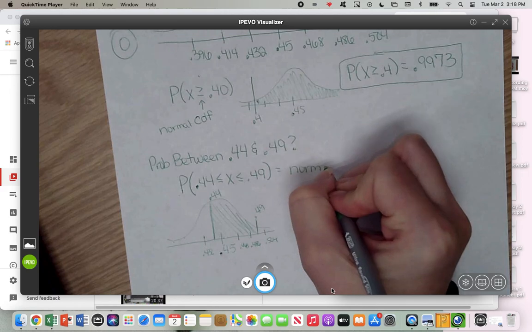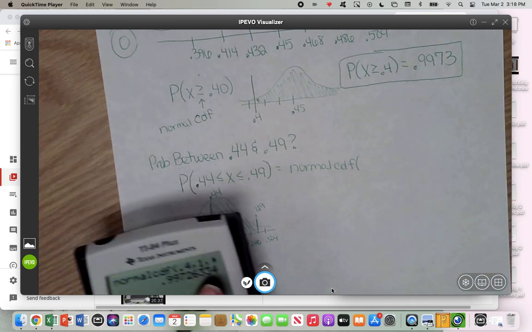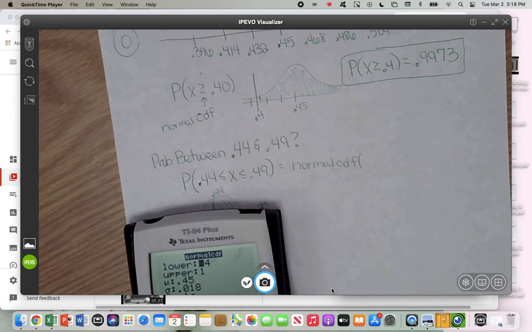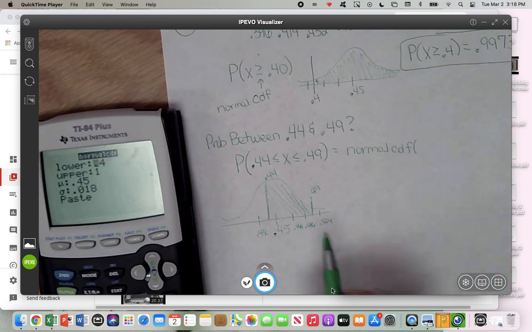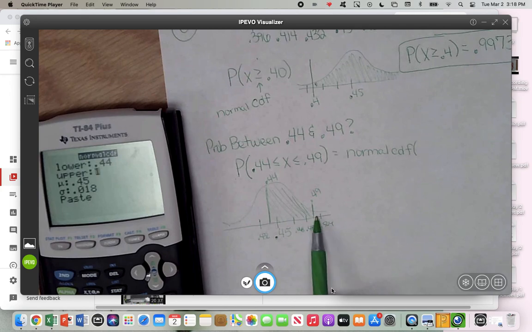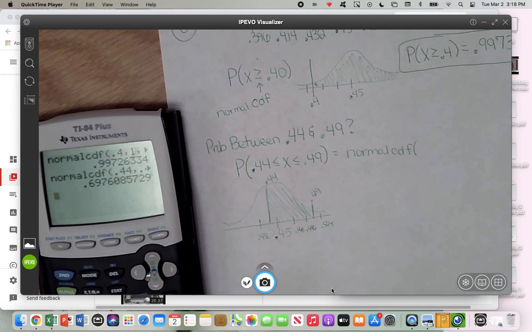So we're going to do a normal CDF on the calculator, but we're going to ask ourselves a couple questions. So we're going to go to our distribution menu, do normal CDF. Now this time, the lowest number that we want is 0.44. We want nothing below that. Now this time, we actually want it to stop at 0.49. So that's our upper. Our mean and our standard deviation would be the same, so we would just paste that in.